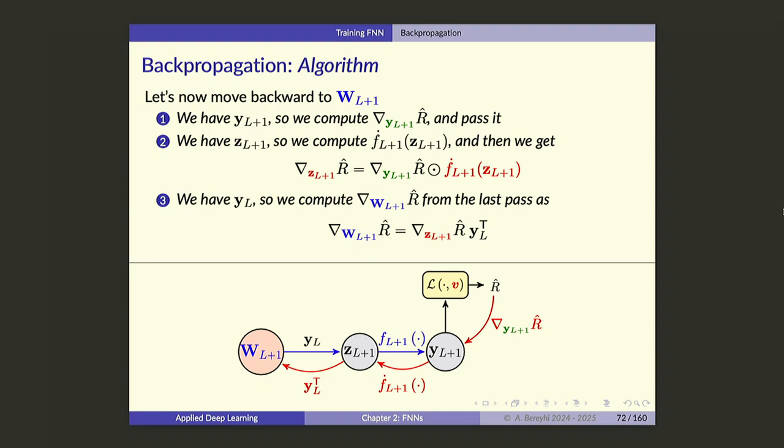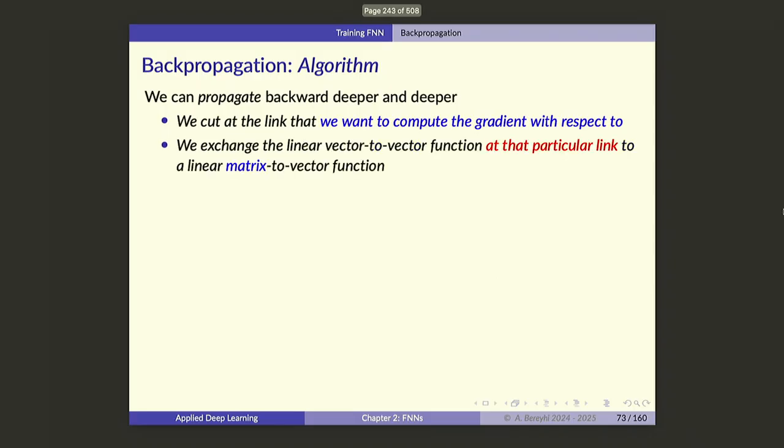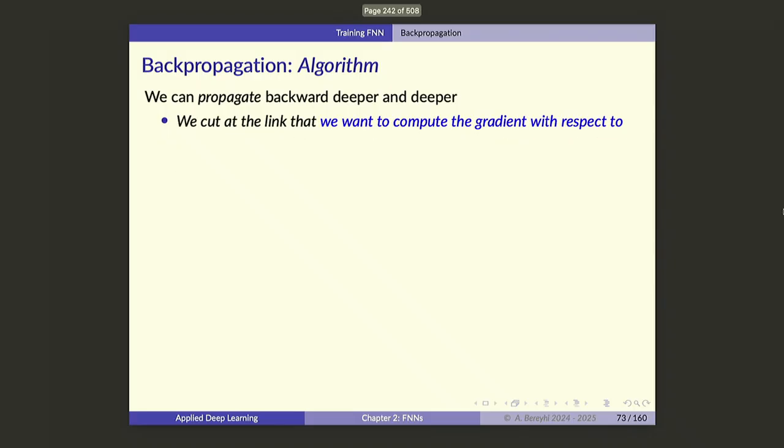So everybody's cool? Do you see how we compute this gradient? Now, what if I want to move backward further? What if I want to compute the gradient with respect to WL now? What should I do? Well, I can do the same thing. I can go back to this layer which has Y, where WL is showing up.